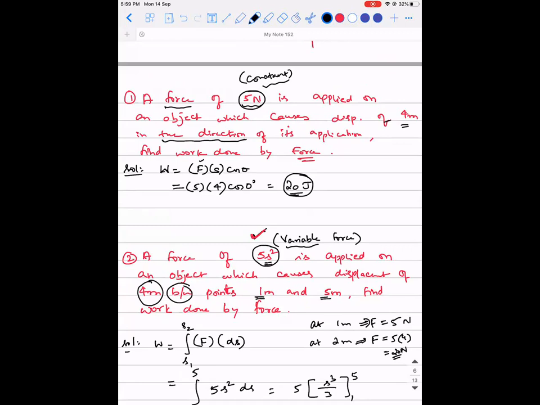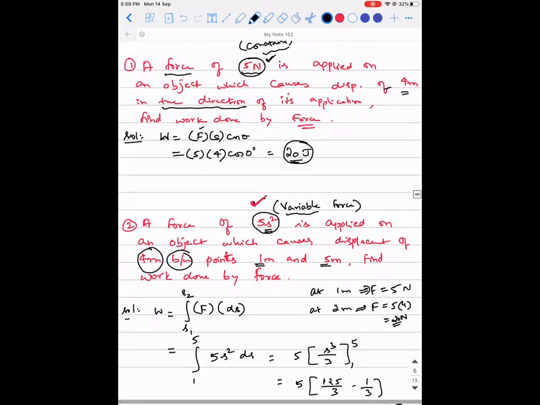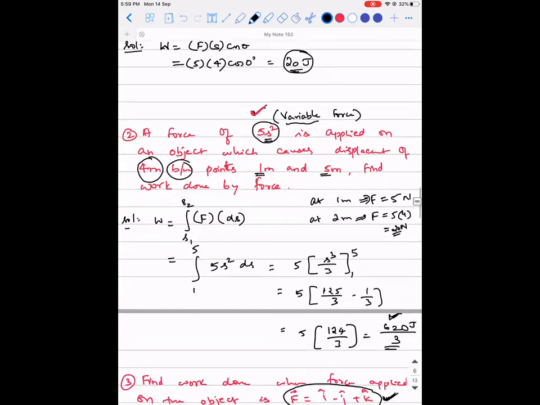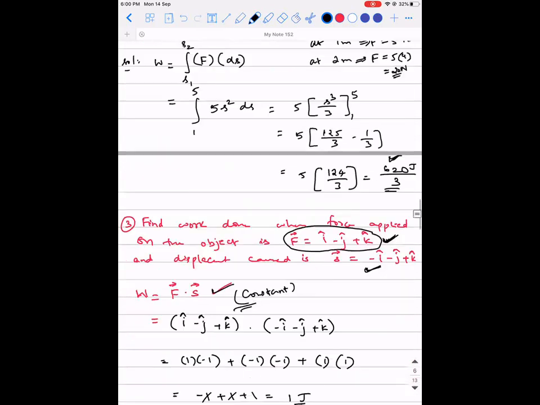But the word between cannot be the only keyword. The real hint is this: if the force is a constant value, just a number, it is constant force, whereas if it is a function of S, it is a variable force. Okay, sir. So that is all about work done.